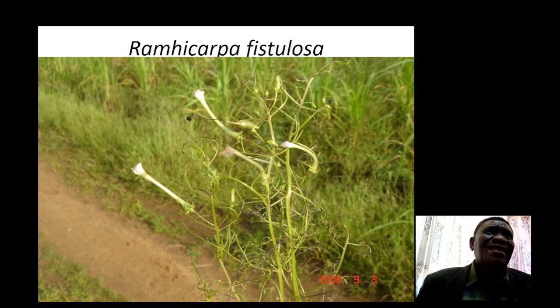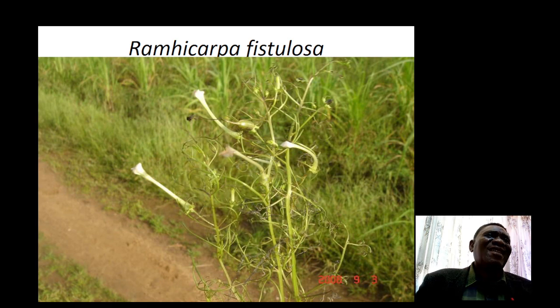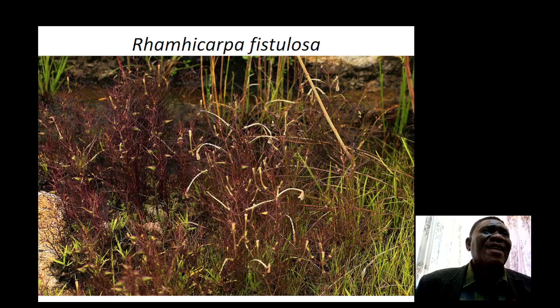We have found this Rhamphicarpa fistulosa parasitizing rice grown by farmers around Bushagashe in Masvingo area. Again, this is the Rhamphicarpa fistulosa, which is already drying in a rice field.